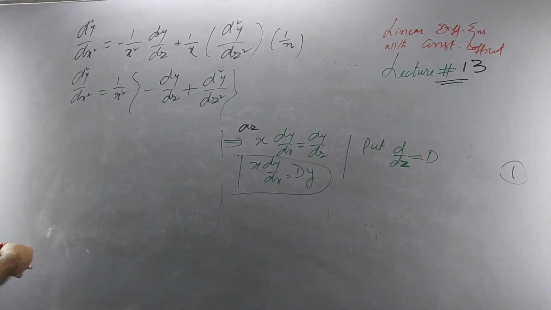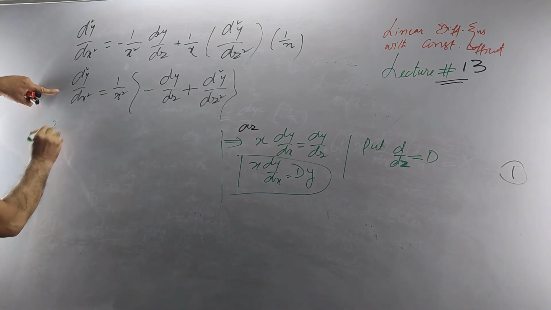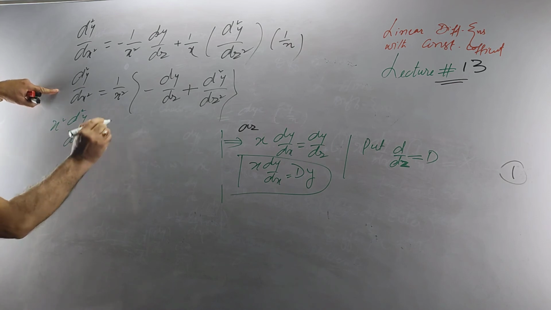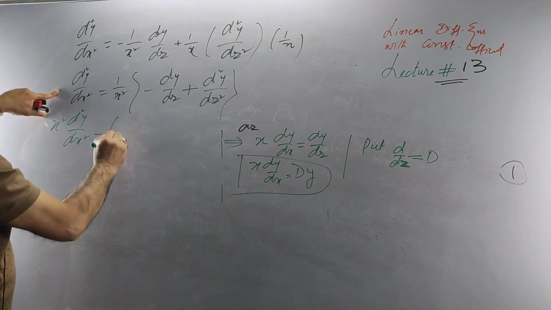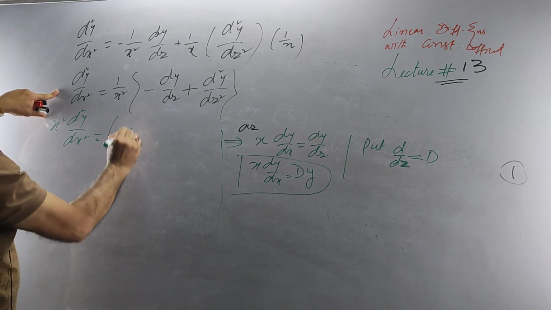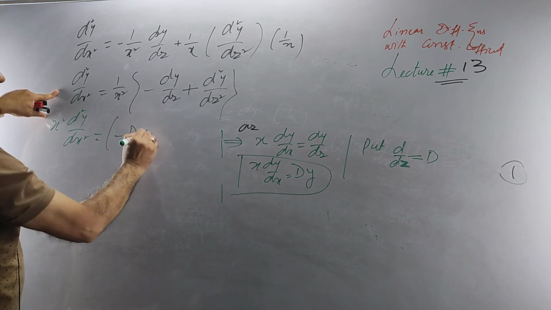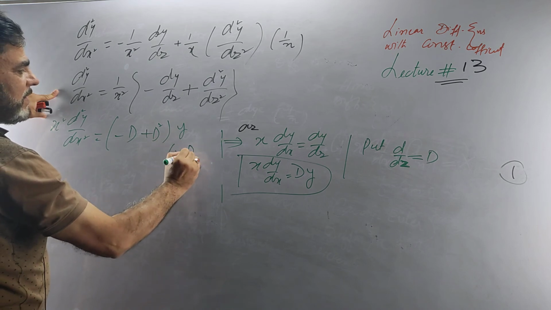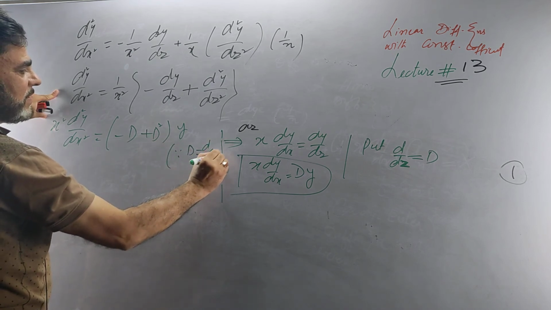Now if I take this x square here, x square d2y by dx square will be equal to minus d by dz, that is D, plus D square into y, because your D is now d by dz.